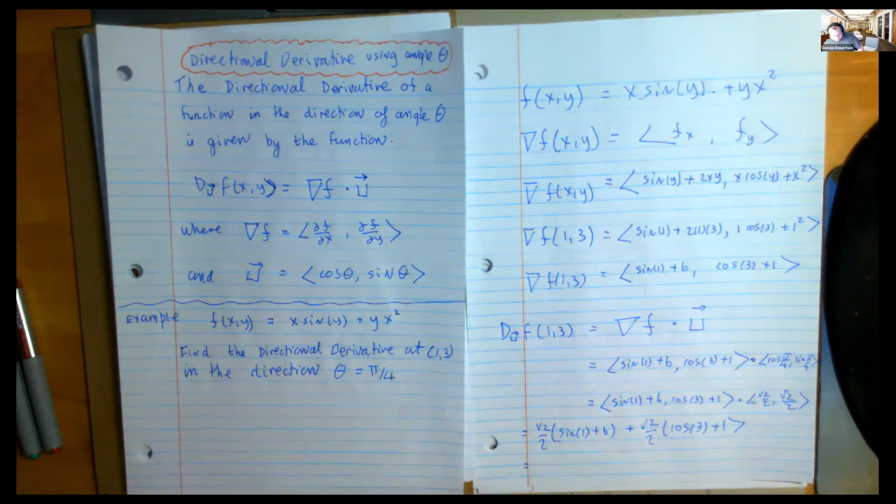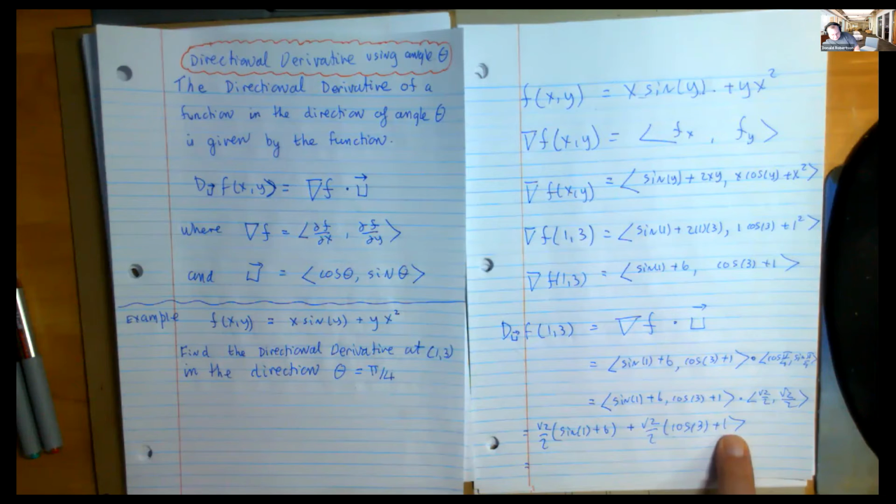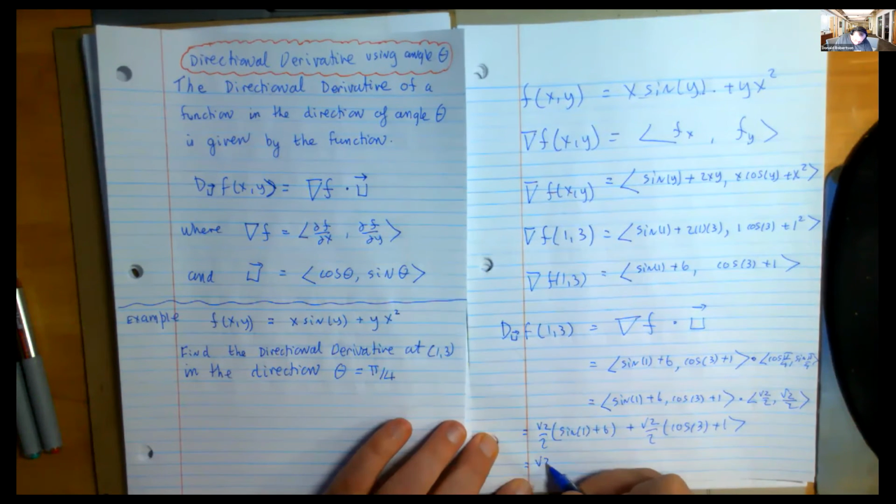Since I'm running out of room, I'm going to do it in one go: take the common factor out and then add these two things together.